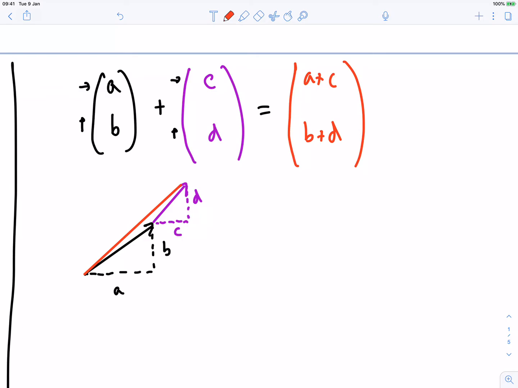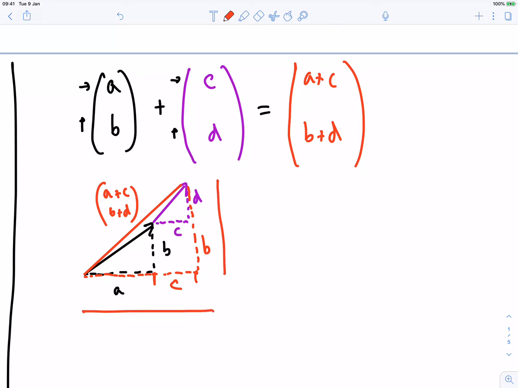And that vector is A plus C, B plus D. And if you think about it, that makes sense because the total going to the right is A, and then C, because this part is C from here to here. And then going up, you've got B, and then you've got D, which is here. So you do have A plus C, and then B plus D going up. So hopefully geometrically that makes sense to you.